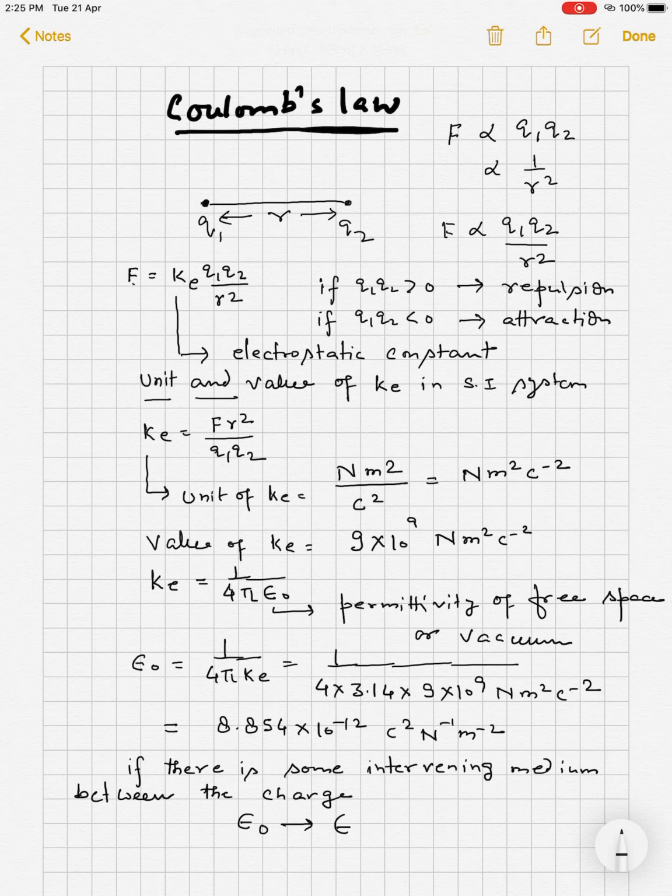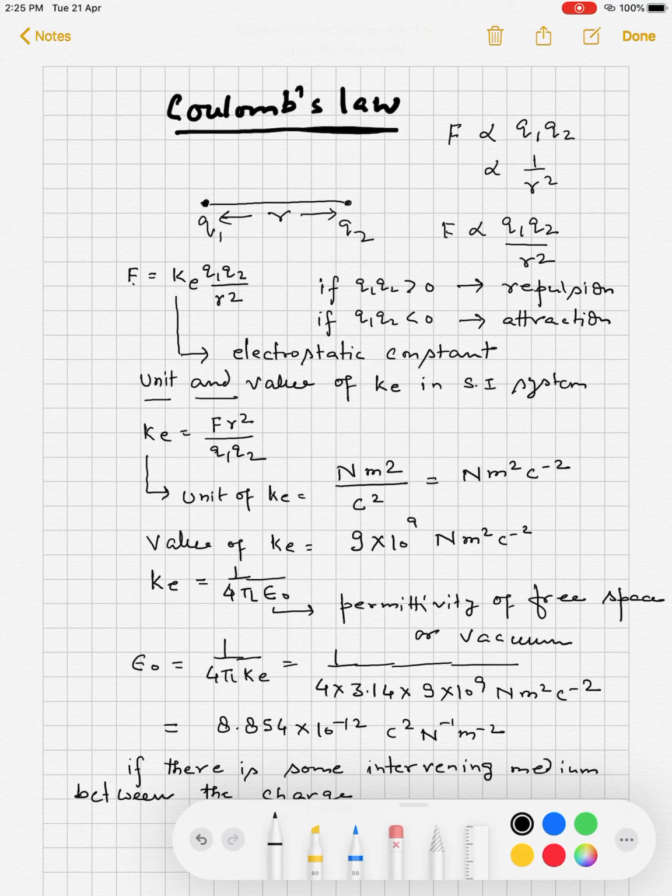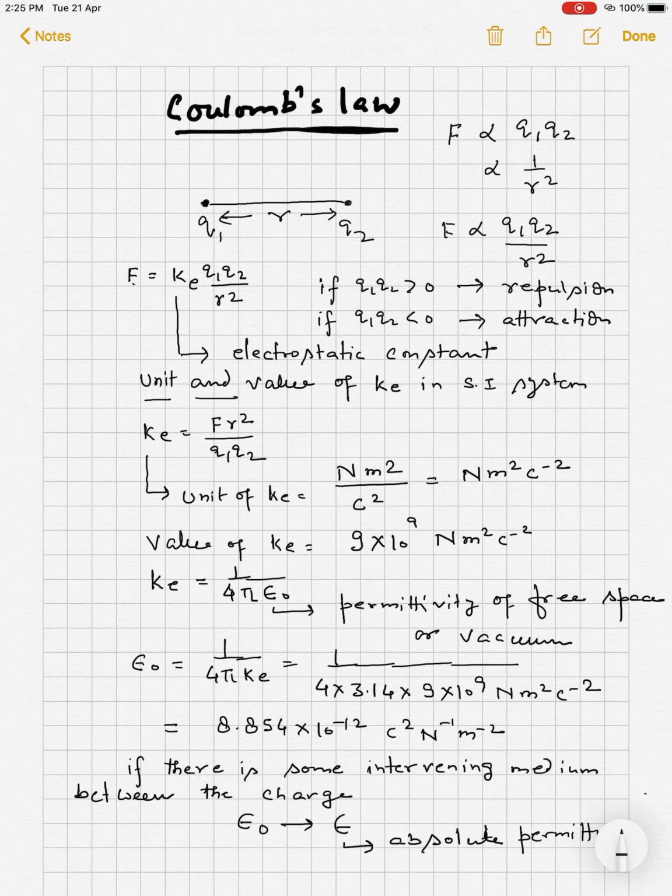This epsilon is called absolute permittivity.